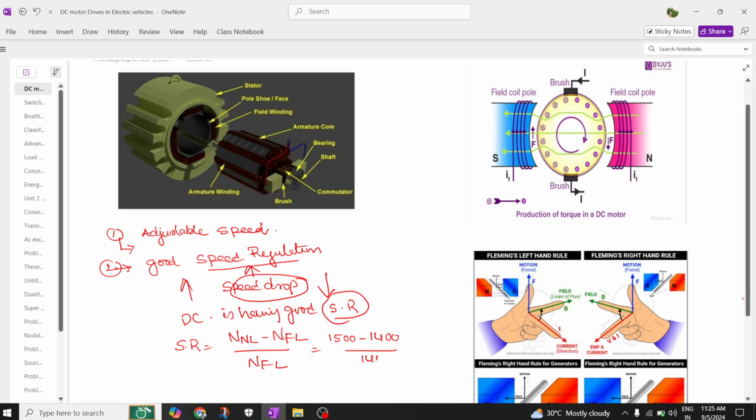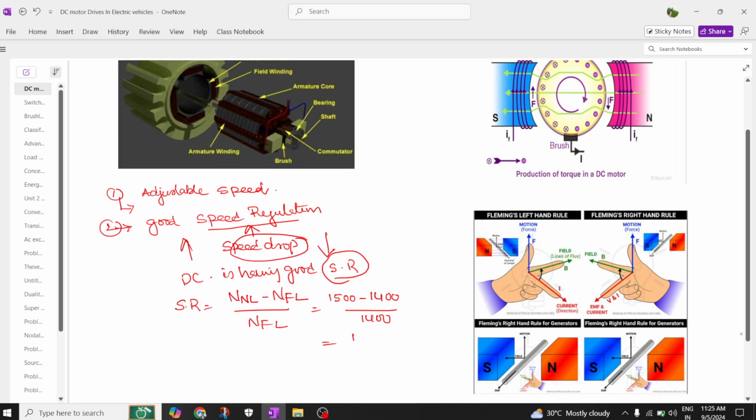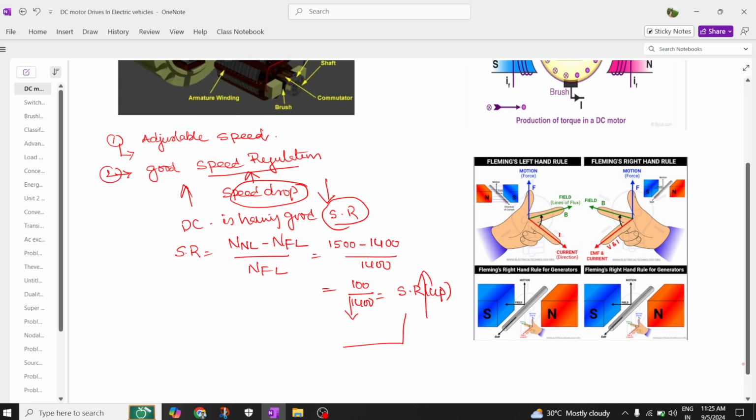So you get 100 divided by 1400. With respect to 1500, 1400 is lower, so we are going to calculate the speed regulation.